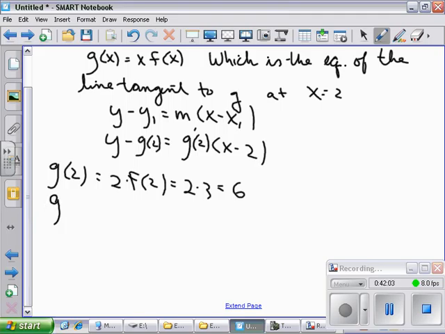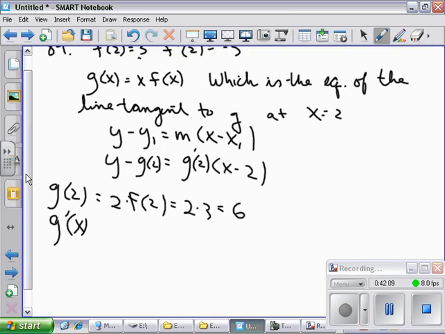Before I can get g prime of 2, I need to get what g prime of x equals. Product rule. Don't you dare multiply their derivatives separately. That is the worst thing you could ever do. First times derivative of the second plus second times derivative of the first.